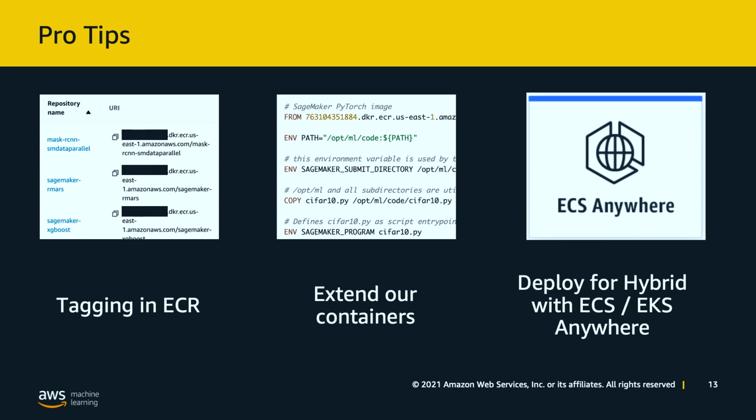Pro tip number 2 is to extend our containers, right? When you're working with custom content, A, you don't have to build your container from scratch, but B, when you have complex content that you're developing, it can be a lot easier to just extend our container and package up your own Docker container. Sometimes that's just easier, depending on exactly what you're trying to do.